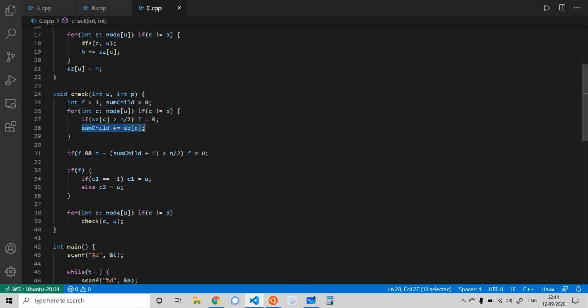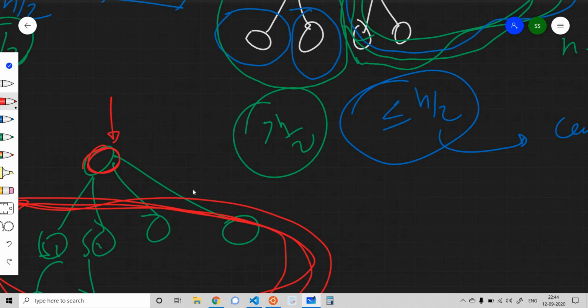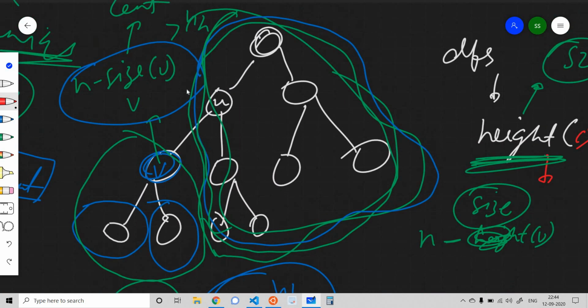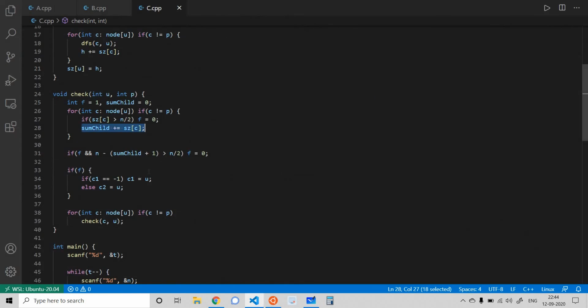And yes, I need to check the upper part as well, that is this green part, this red part. If I'm considering this node, to check this I'm just doing n minus size of u. This part here can just be size of u, or you can do sum child plus 1. If I'm seeing that this is equal to n by 2, even then this cannot be my centroid.